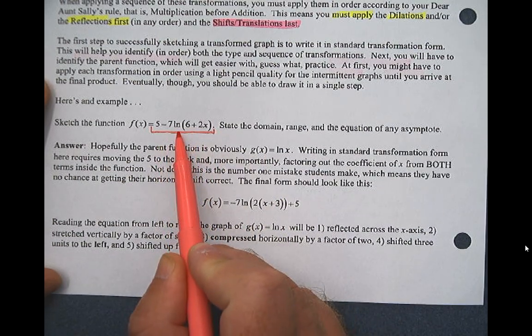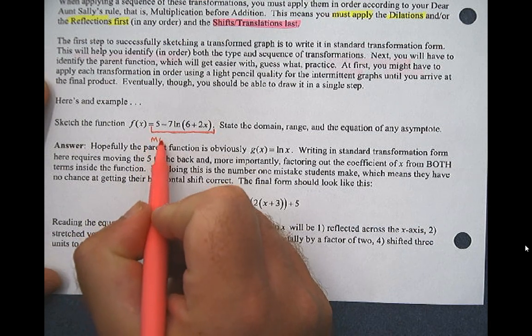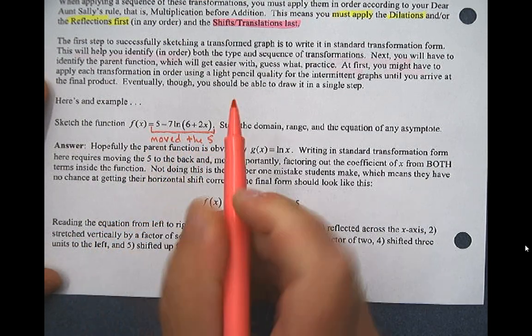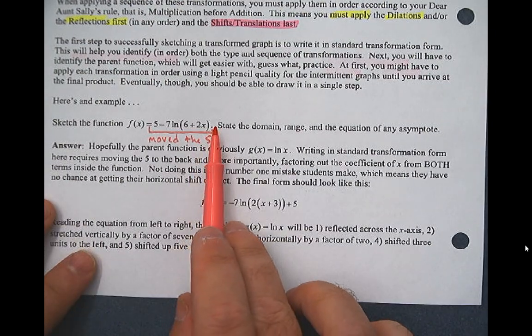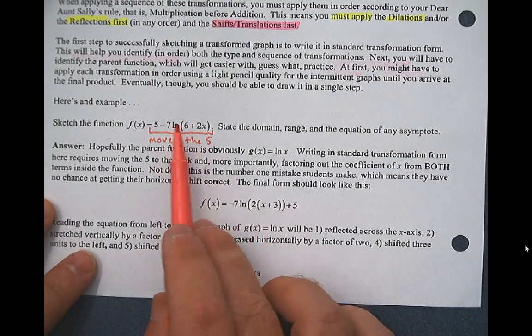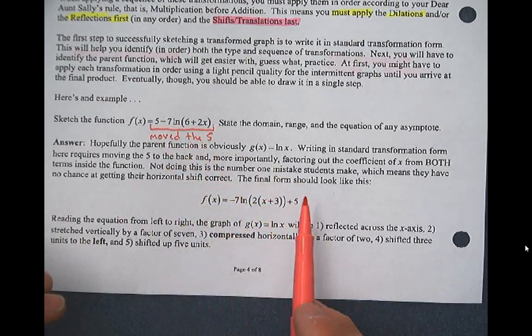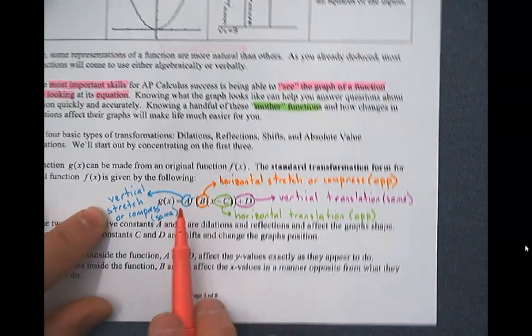So they moved the 5 from the back, which is where I think it belongs, and moved it to the front. So like Corpy, his advice is, first thing you should do is move things into a form that looks like this so that you can apply your transformations.